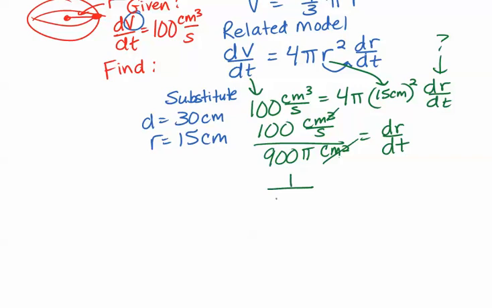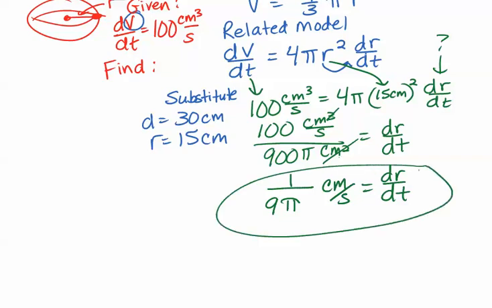So you can leave your answer in exact form. 1/(9 pi) centimeters per second is the change in radius with respect to time. If you found it more meaningful, you could convert that to a decimal value. Make sure you give at least 3 decimal places of accuracy.